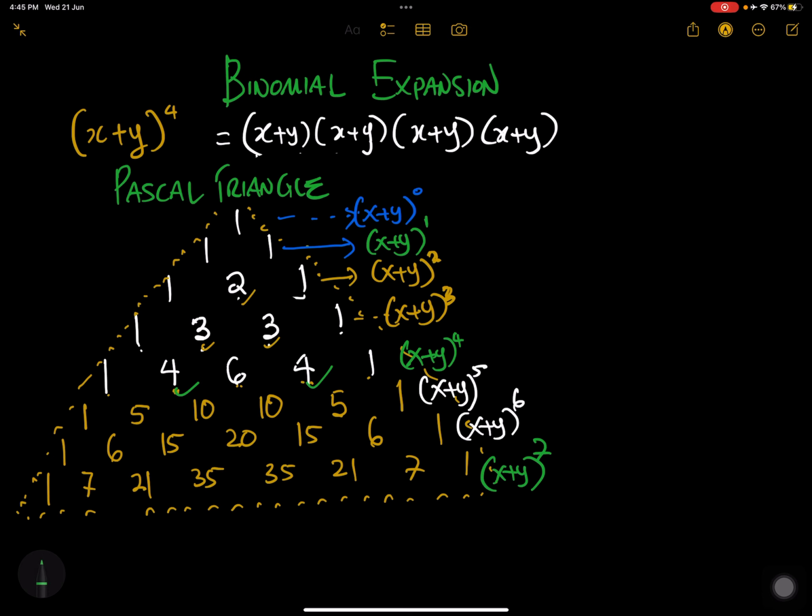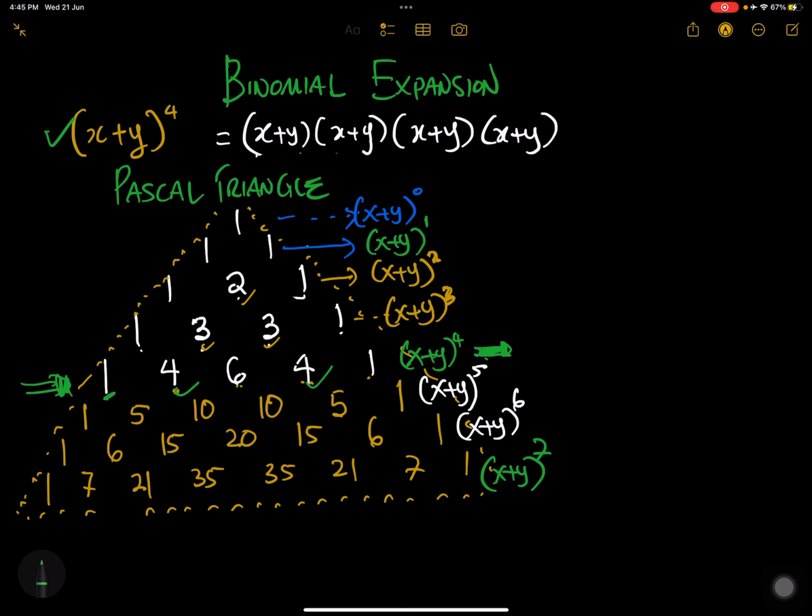So let's imagine we're going to solve this one. The x plus y exponent 4 is going to be this lane right here. This lane right here is to expand x plus y exponent 4.